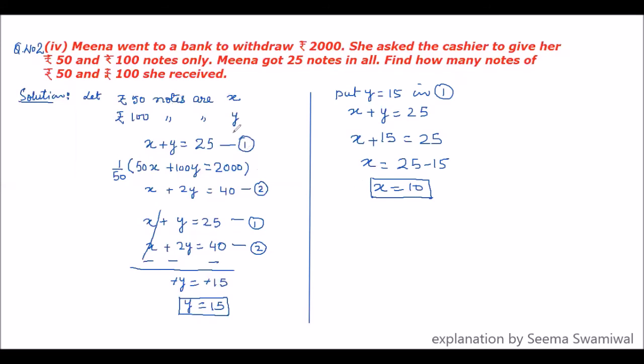As the question is a word problem, answer it in words only. Answer: 50 rupee notes are 10 and 100 rupee notes are 15. This will be the answer.